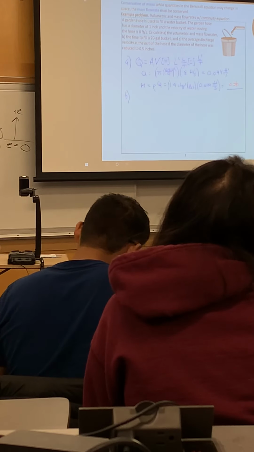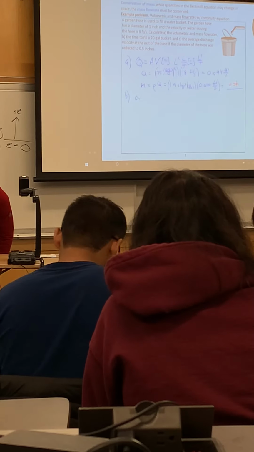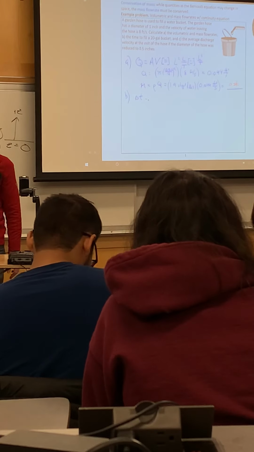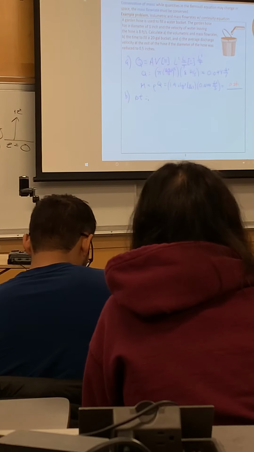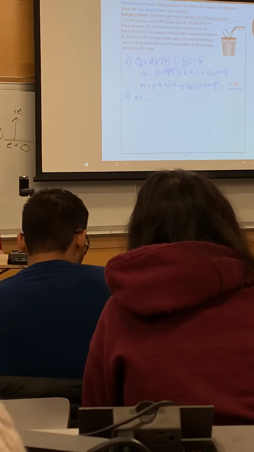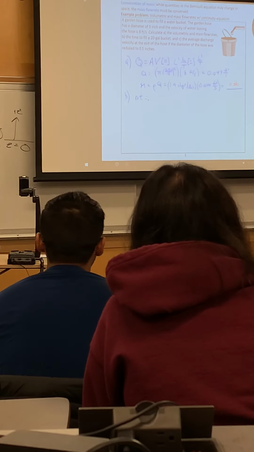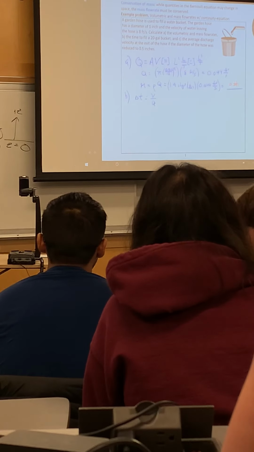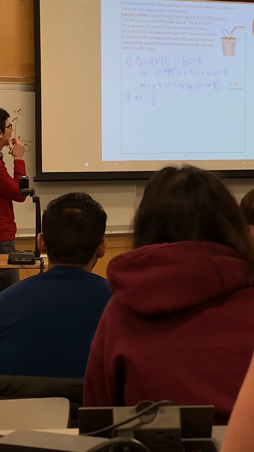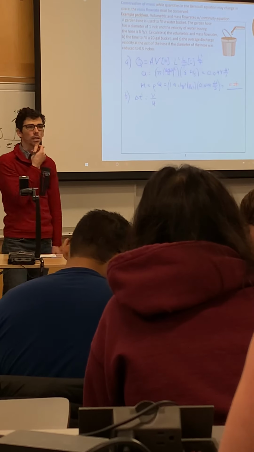Okay, what about the time to fill the bucket? How do I calculate that? The volume of the bucket divided by the volumetric flow rate? Yeah, exactly. If you ever want an exam, you don't want to write these down or you forgot to write them down, this is basic dimensional analysis stuff, right?